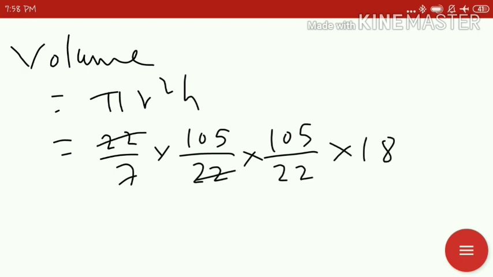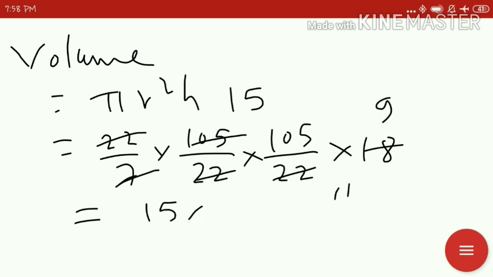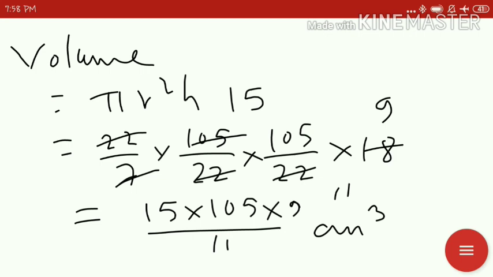22 should be cancelled out, and if you do the rest of the cancellation, 7 it is 15 and 2 11, that is 9. You will get 15 into 105 into 9 by 11 centimeter cube. No need to give the complete answer of it, because our complete answer is that we need to find out the ratio.